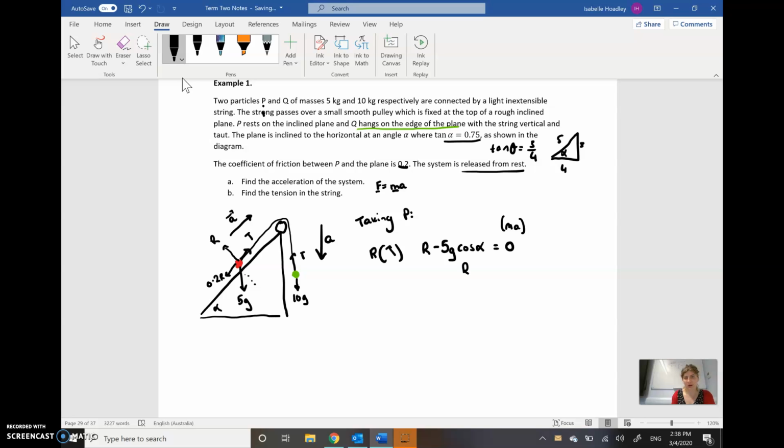So that means that R equals 5G times cos alpha. Now cos alpha is adjacent over hypotenuse, so 4 over 5, so times 4 over 5, cancel that through, so R equals 4G.